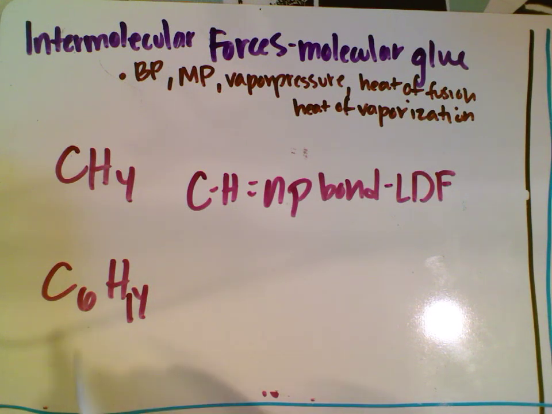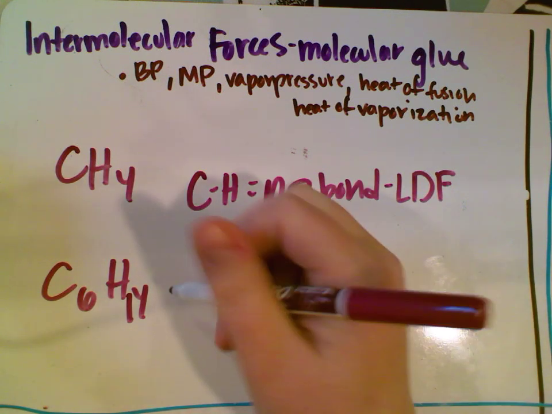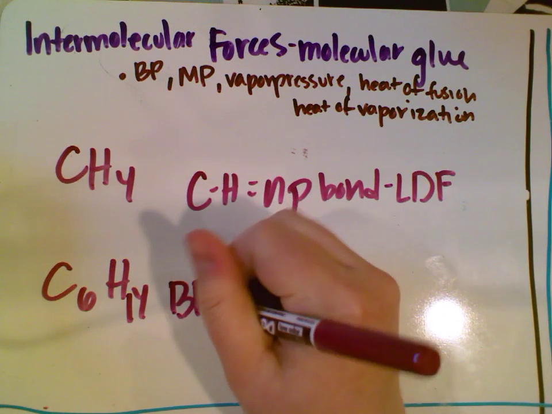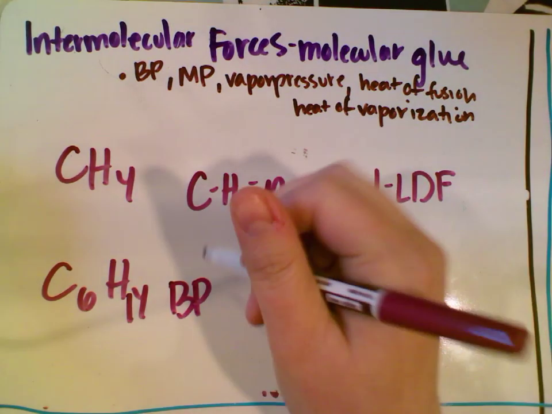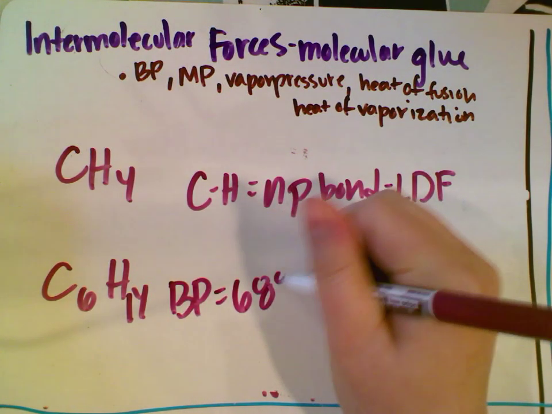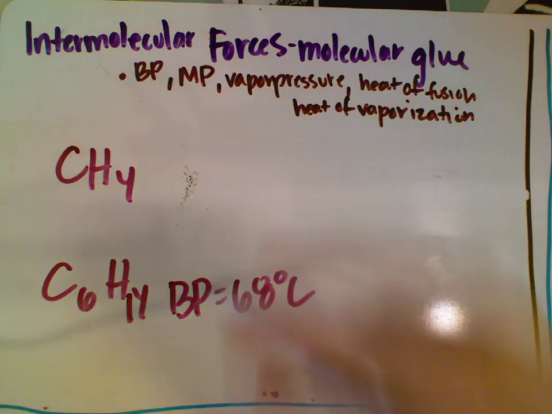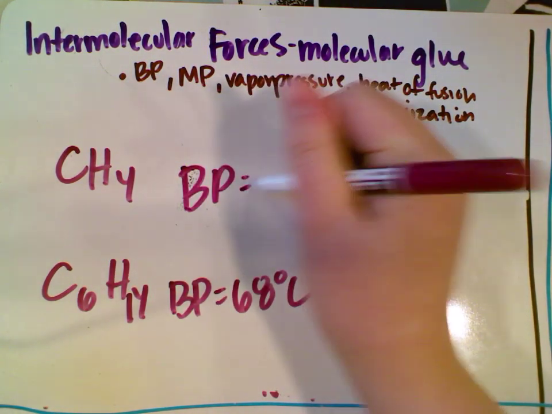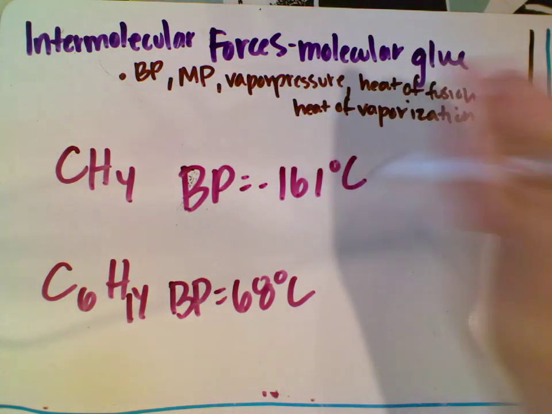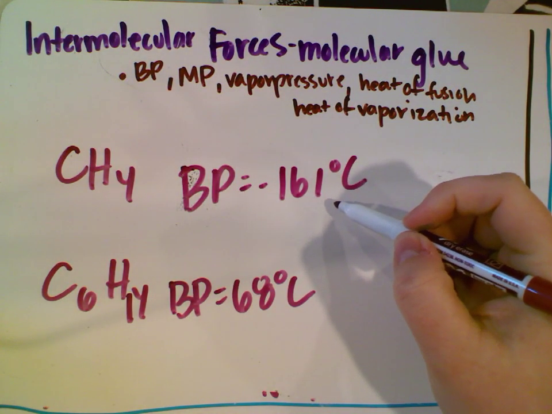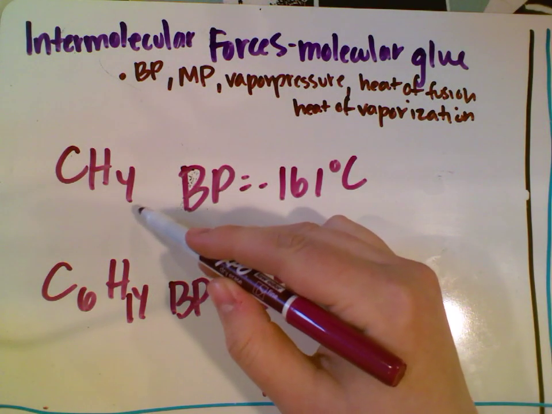In the case of C6H14, based on our data, the boiling point is 68 degrees Celsius. In the case of CH4, our boiling point is going to be -161 degrees Celsius. So you can see the boiling point here is very, very low, and that's because this is an incredibly small molecule.